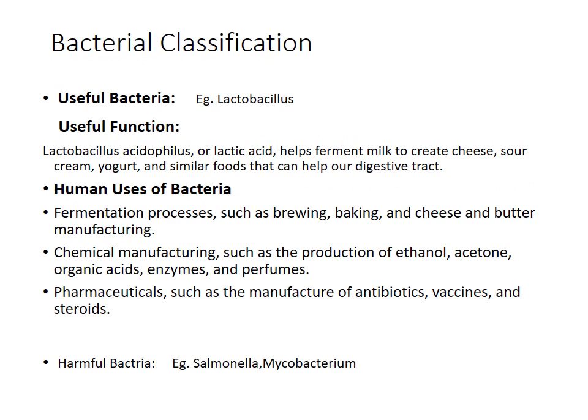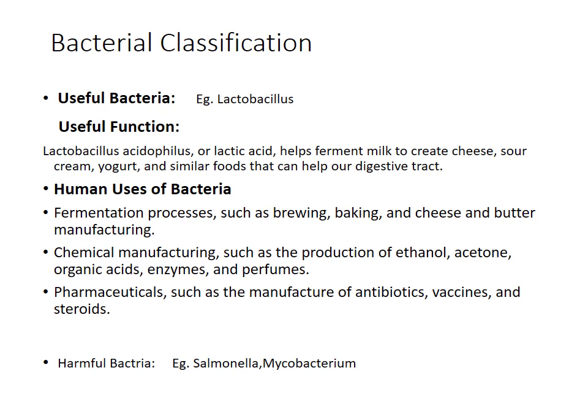Now, another classification depends upon their utilization, whether the bacteria is useful or harmful. A classical example is lactobacillus. Lactobacillus, or lactic acid, helps in the fermentation of milk to create cheese, sour cream, yogurt, and similar foods that can help our gut to digest. So humans have utilized this bacteria in favorable conditions.